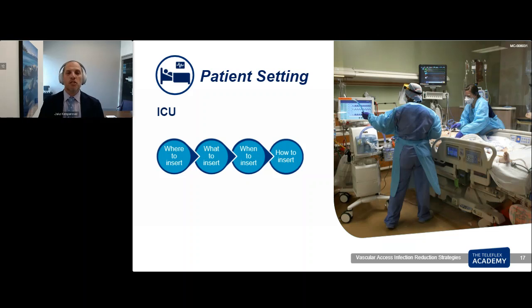But maybe what I do most importantly in the ICU to decrease the risk of infection is I say this patient doesn't need a central line. I say they're on a very small dose of norepinephrine, and I expect that that is an effect of the anesthetic that they had received or of the sedation that I have them on from the ventilator that's going to rapidly come down.